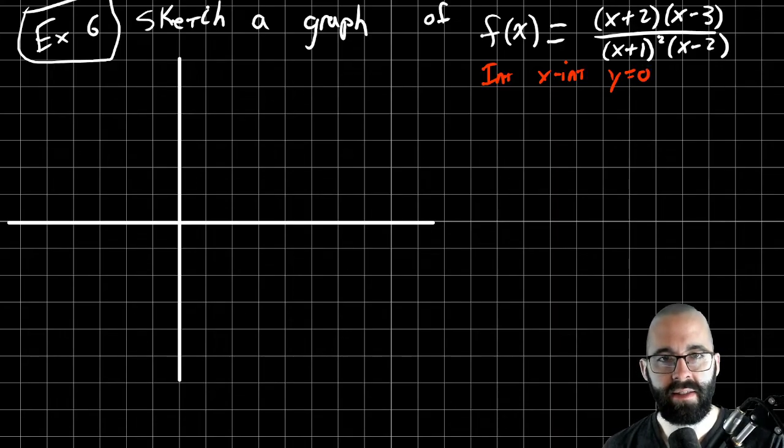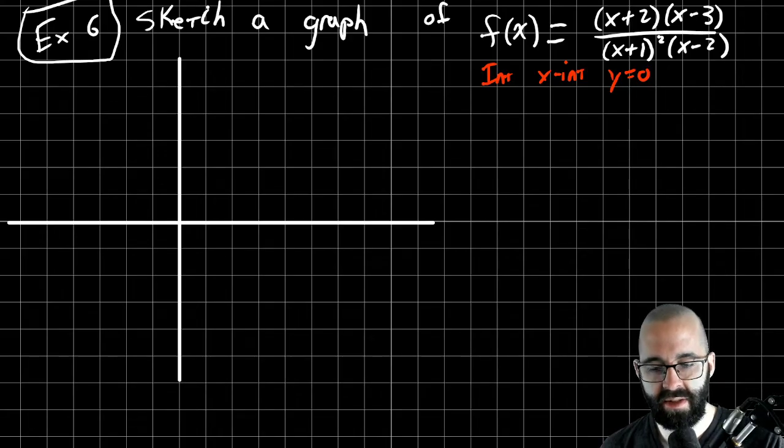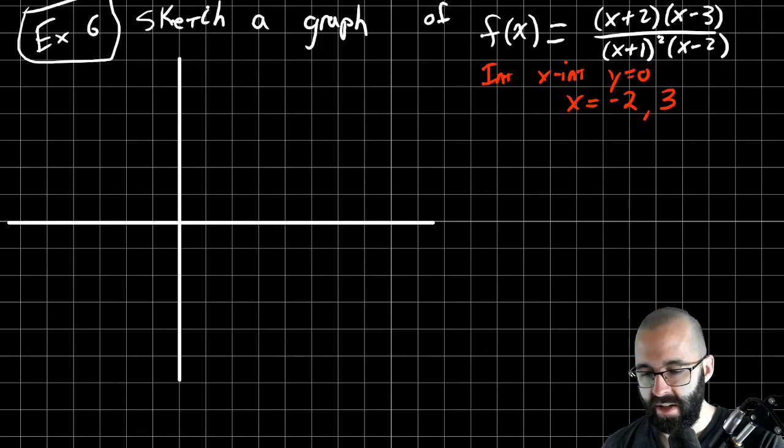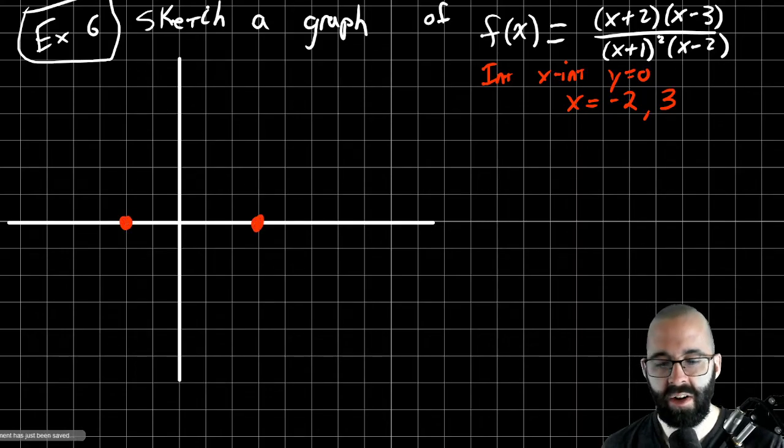And remember that's going to be when the numerator is equal to 0, with the same logic we did in that intercepts video. That's going to be when x is equal to -2 and +3. Make sure these are in the domain. Make sure these are not removable discontinuities. So -2 is right here. +3 is right here. Those are our x-intercepts.